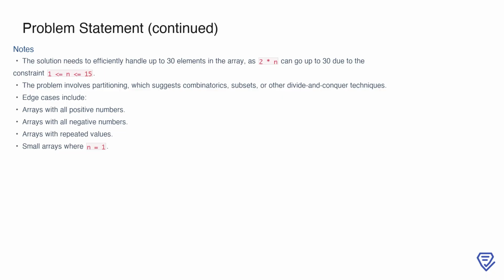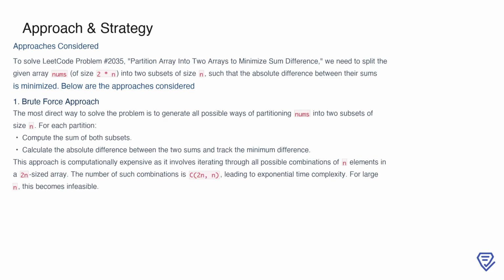To solve the problem of partitioning the array nums into two equal-sized subsets to minimize the absolute difference between their sums, we first explore the brute force approach. This method involves generating all possible ways to split the array into two subsets of size n. For each partition, we calculate the sums of both subsets, evaluate their absolute difference, and keep track of the smallest difference found.